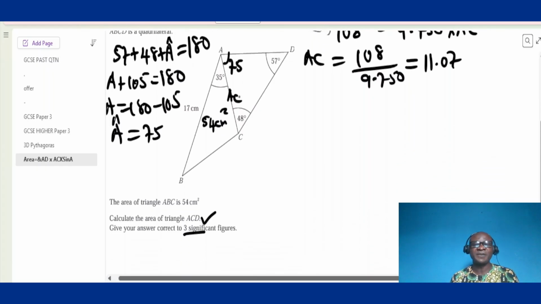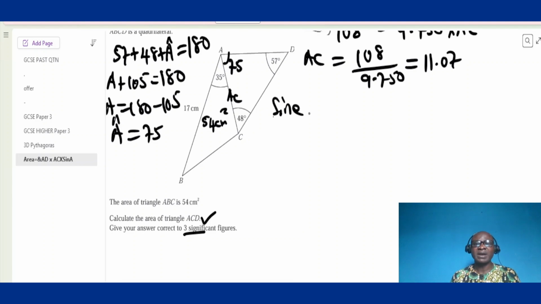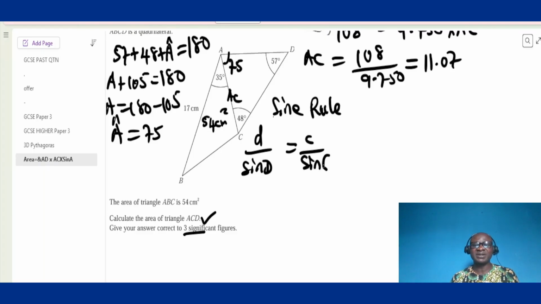And what does it say? Since I know the angle at D and the side opposite it, using the sine rule, that is what I want to use. So I can say small d over sine D is equal to, I am looking for AD, so small c over sine C. Okay, this is what I call the sine rule.